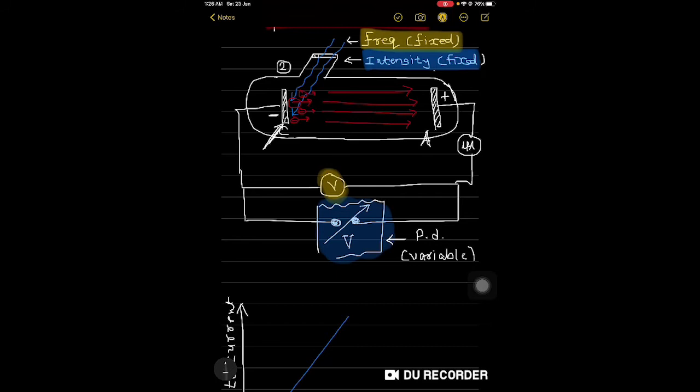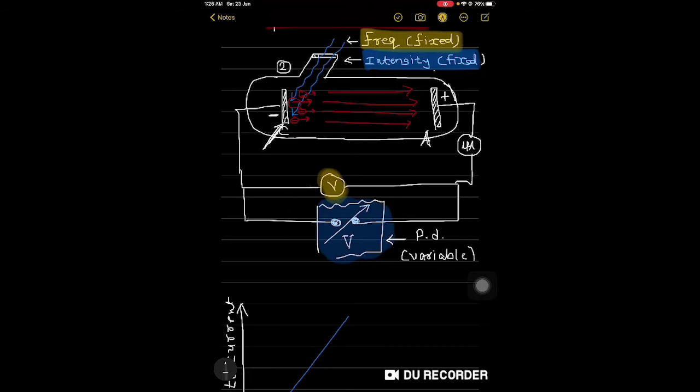Now we will consider another condition. Now we apply a negative or retarding potential to the plate A with respect to the plate C and make it increasingly negative gradually.